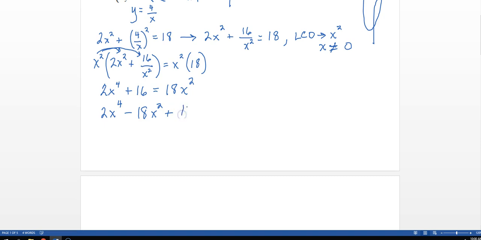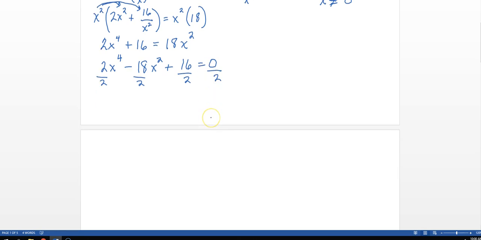So I subtract 18x squared from both sides. I see that I have a common factor of 2. So I'm going to divide each term by 2, and I can do that because it's equal to 0. So that results in x to the 4th minus 9x squared plus 8 is equal to 0.